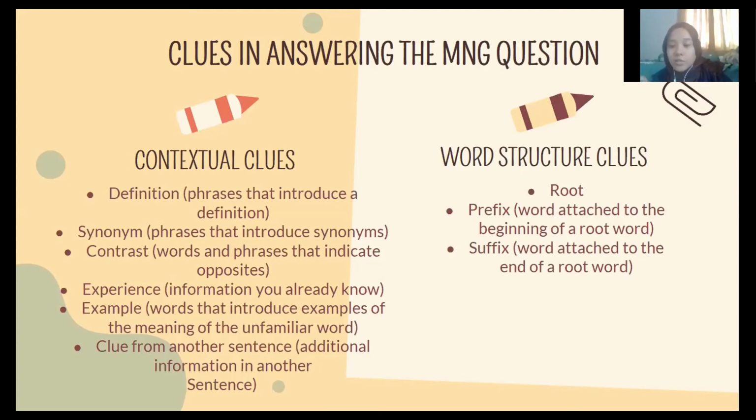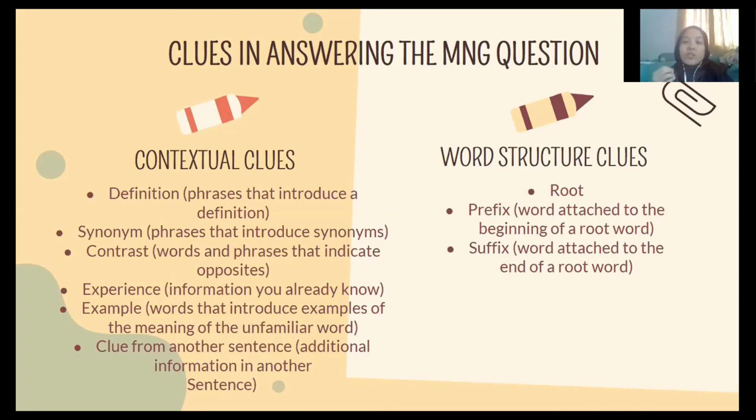The example contextual clues are words that introduce examples of the meaning of the unfamiliar word, with indicators such as, for instance, for example, the words that we usually use during our writing. The last contextual clue is a clue from another sentence, the additional information in another sentence, which we might be using frequently when we are answering the MNG type of questions during our MUET reading examination.